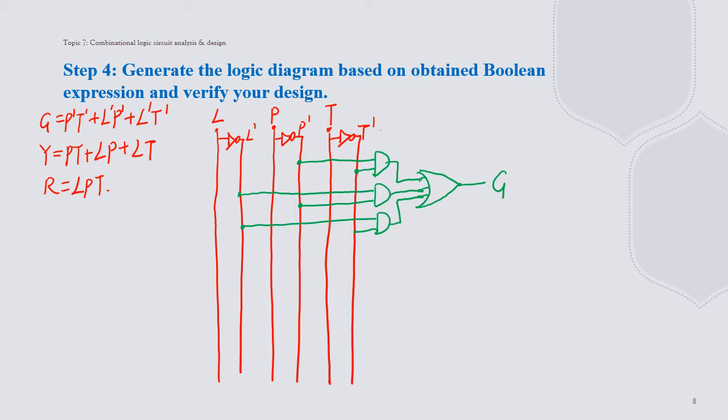And for the yellow light, PT, LP, and the LT. Oh, sorry, PT, this is LT, so we need LP.